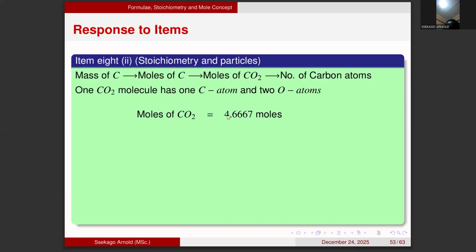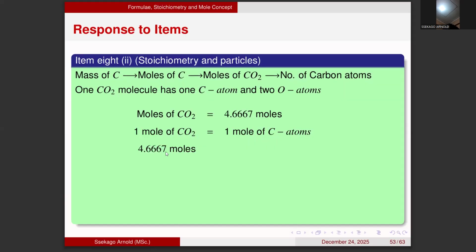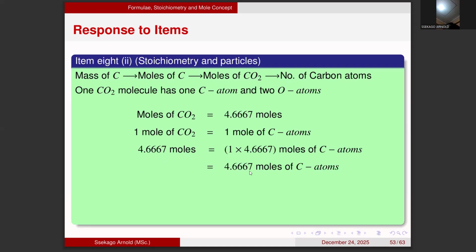The moles of carbon dioxide are 4.667 moles. Therefore, 1 mole of carbon dioxide has 1 mole of carbon atoms. Since we know that, the 4.667 moles of carbon dioxide will have 1 times 4.667 moles of carbon atoms, and we obtain 4.667 moles of carbon atoms.